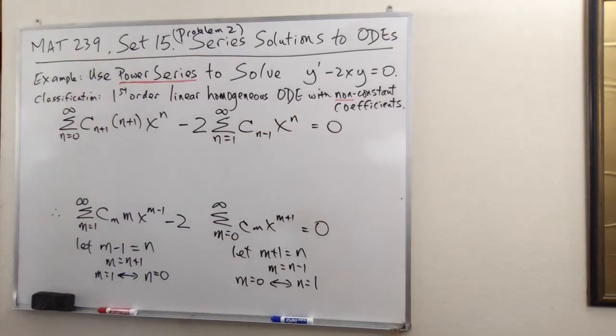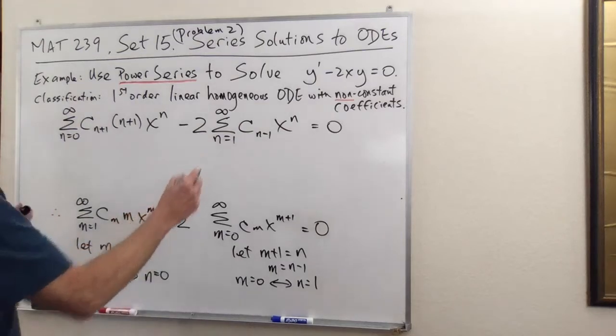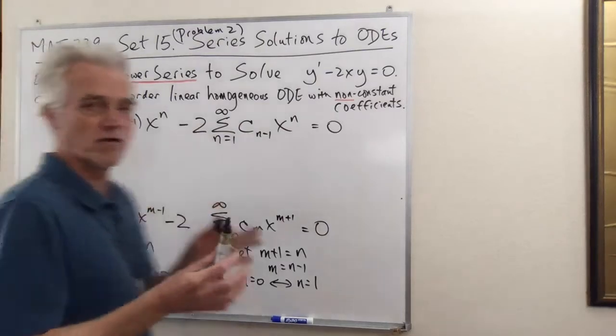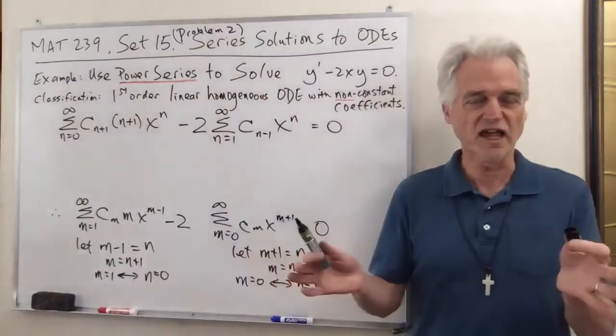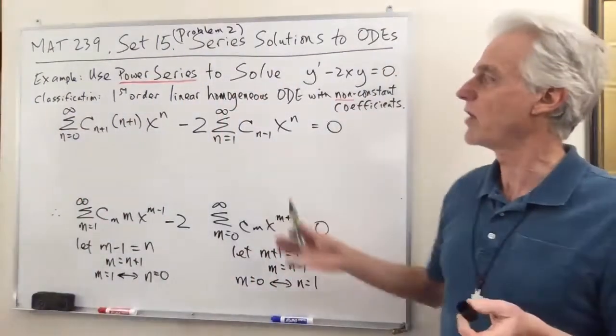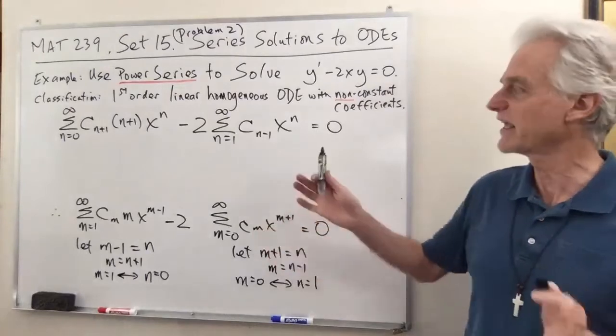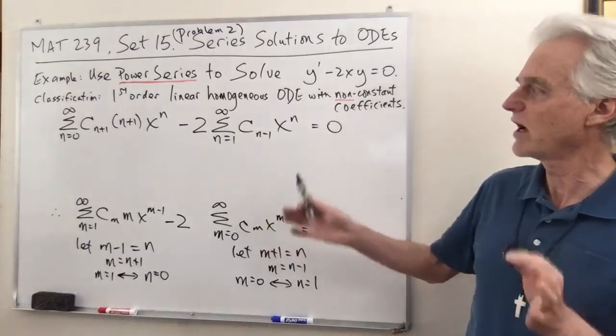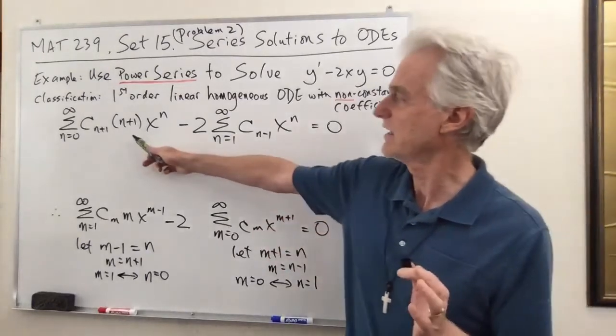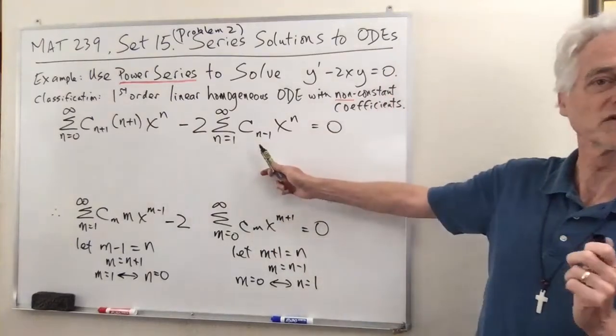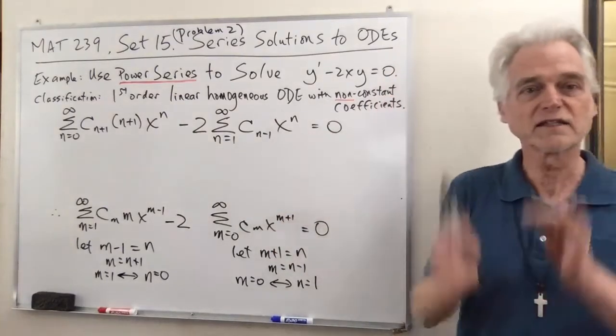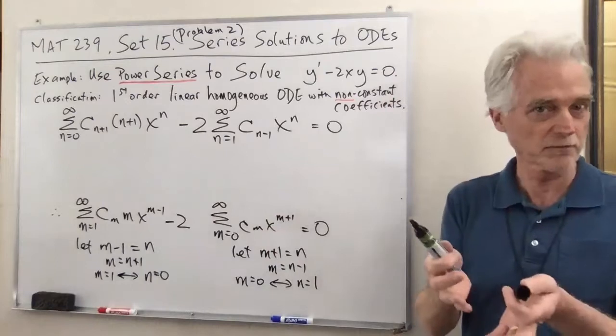Okay? All right. So I have all the powers of x the same, but I want to combine these terms. And you notice I can't combine the n equals 0 here because there's no n equals 0 here. So I've got to write the n equals 0 term separately.